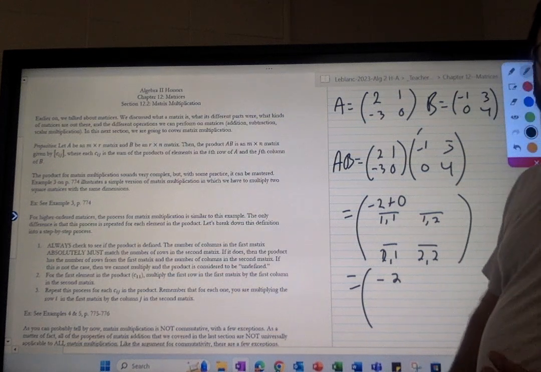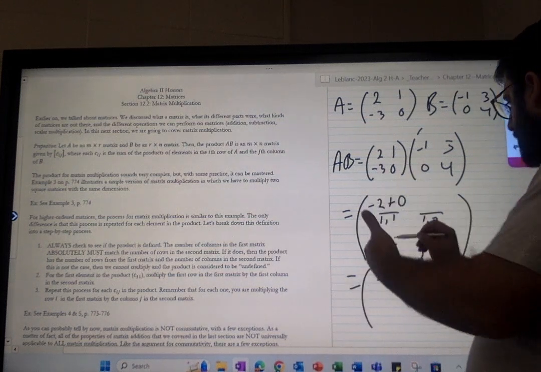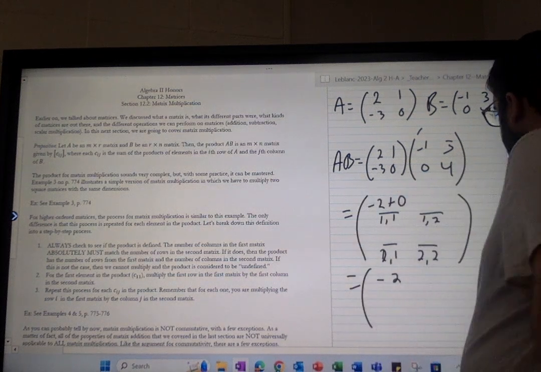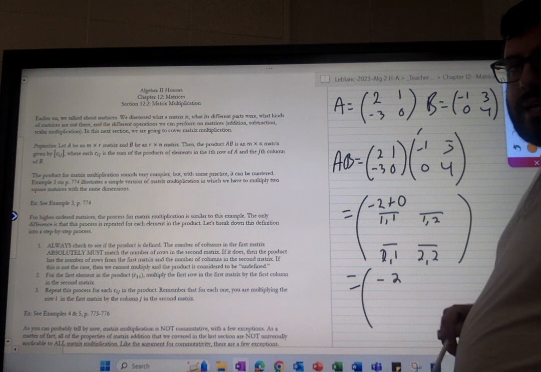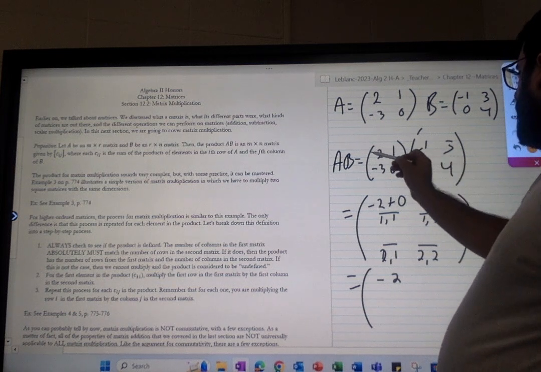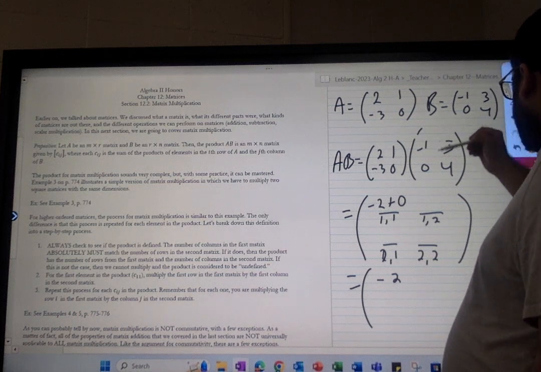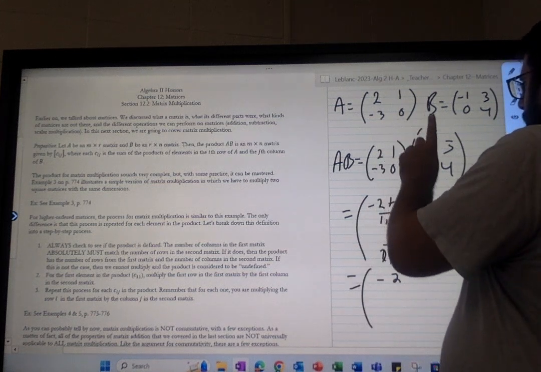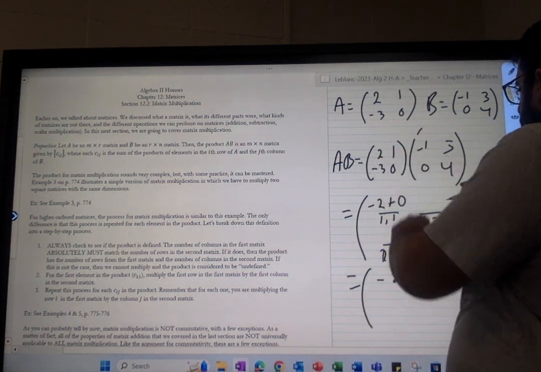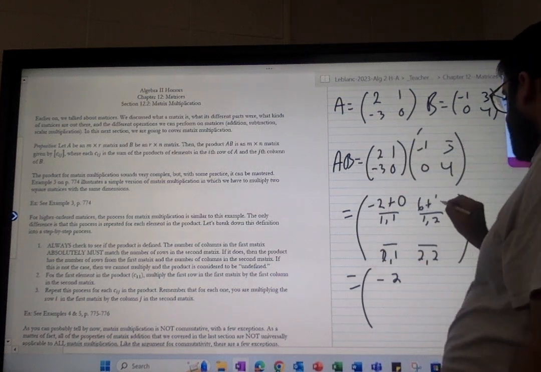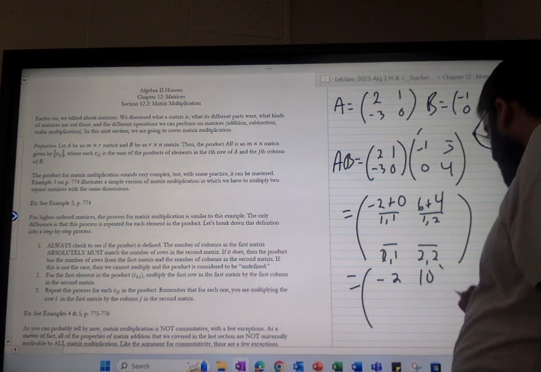We're going to repeat that process with each space we're trying to fill in. For example, this is the first row, second column. That means I'm multiplying the first row in the first matrix with the second column in the second matrix. So that's 2 times 3, which is 6, and 1 times 4, which is 4. And that gives me 10.